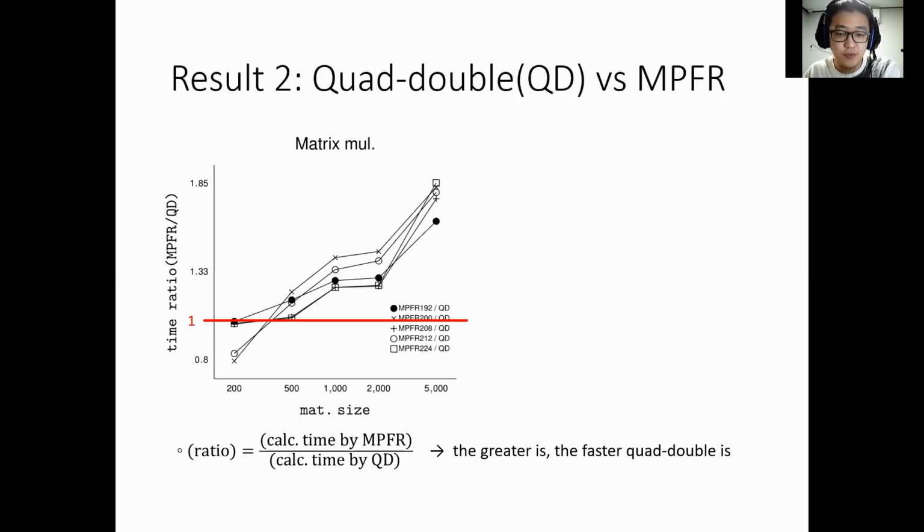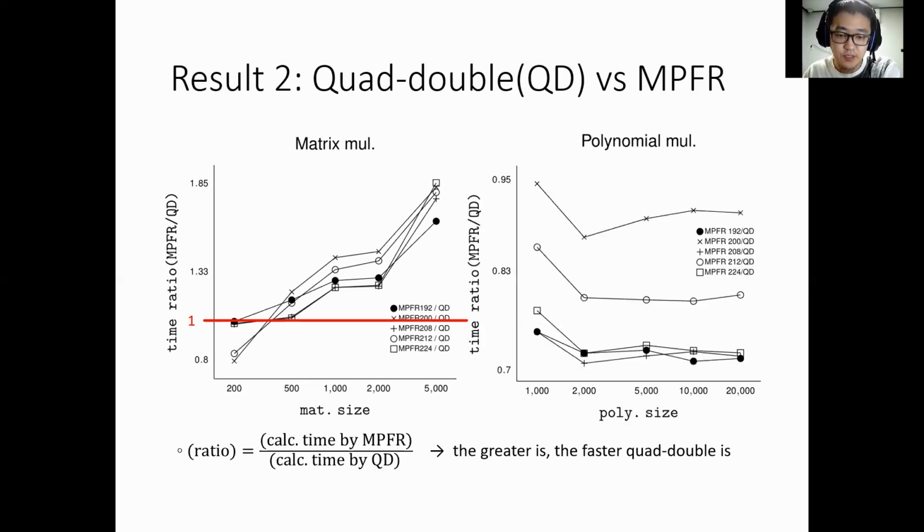That means that MPFR and quad double run very similarly. I mean, the time taken by the two different data structures is pretty much the same. And in polynomial multiplication, this time all the data are below the number 1. That means MPFR is faster than quad double. So in the second test, we can conclude that QD is not beneficial to implement.